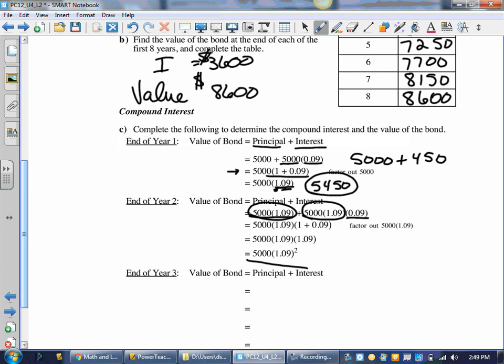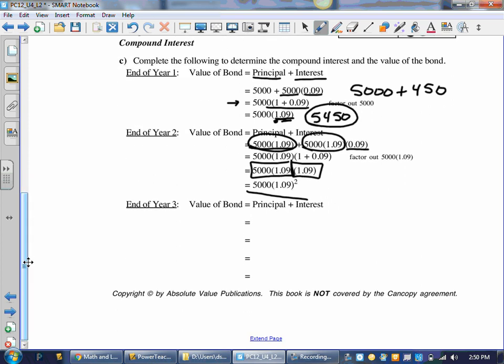One 1.09 is for the first year, and then we multiply by that 1.09 again the second year. And so by the end of 3 years, you will have $5,000 times 1.09 for each year's 9%.